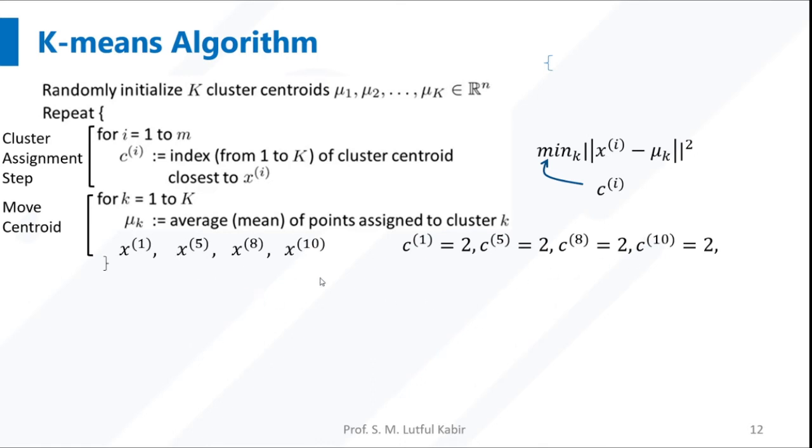To calculate mu k, that means mu 2, you take the average: sum them together and divide by 4. That gives you mu 2. This has to be done for each small k. Small k is the index and capital K is the maximum number of clusters. So this is how you execute your program based on this algorithm.